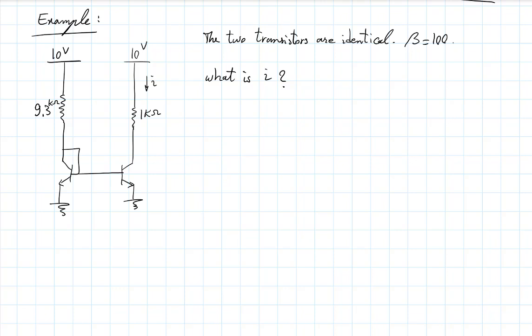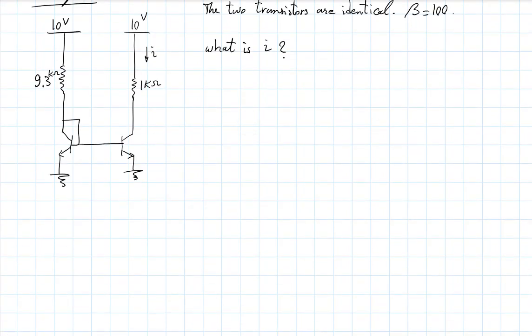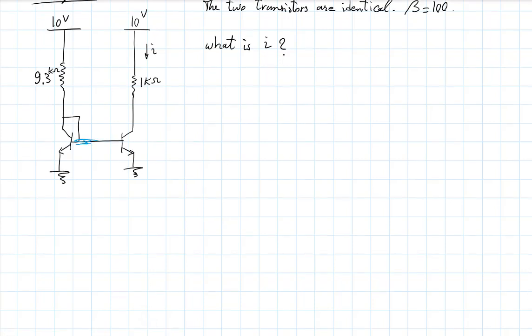Let's do a KVL here. Let's see what we get from that. Let's define the node voltages. This is one node, right? All of this is one node. Let's call that VB, that voltage there. If the transistors are on, what is VB?